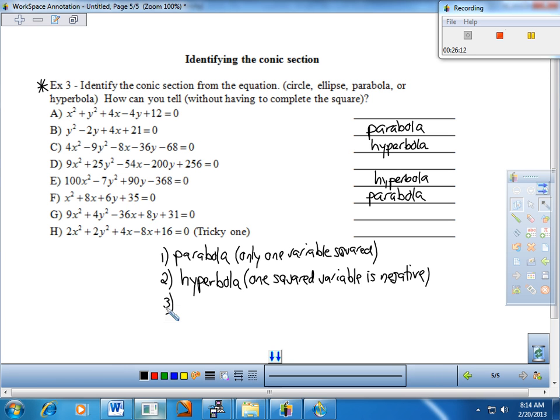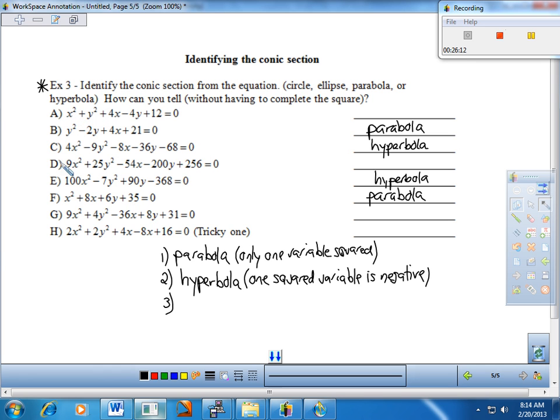Now circles versus ellipses. I gave a pretty poor definition of what an ellipse is, but I think it works for the most part. I sort of called an ellipse a stretched circle. And what stretches the circle in the equation is the numbers in front of the squares. If the numbers in front of the squares are the same, then it's perfectly balanced. It's not stretched in one direction or the other.